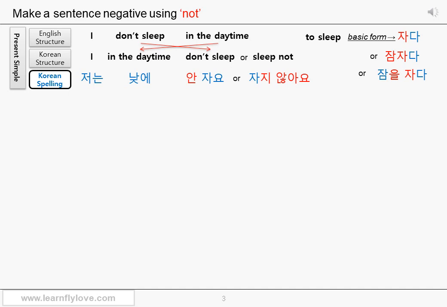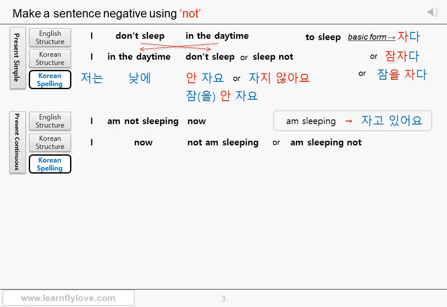There is no 하다 in it, but it is still a noun plus verb. So you can split it into a noun and a verb when you put the negative adverb 안. So 잠을 안 자요 is also correct. Of course, you can omit the object particle 을 if you want. 저는 낮에 잠을 안 자요. Okay?